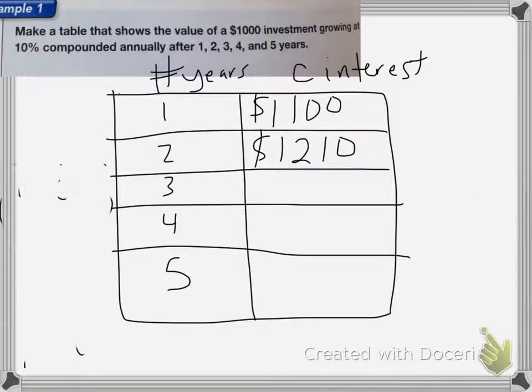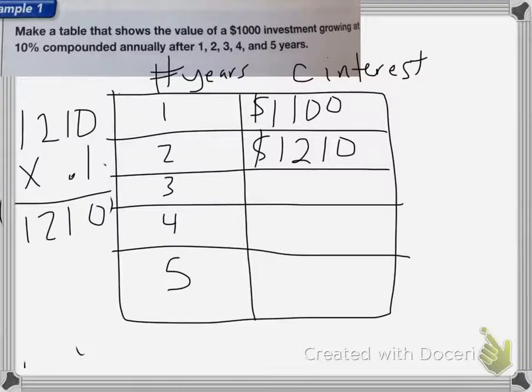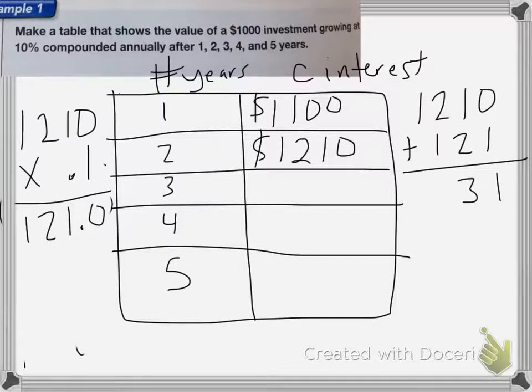Okay, third year, you're going to take that $1,210 and multiply it by 10%. So we end up with $121. We add that to the $1,210 we already have to get $1,331.